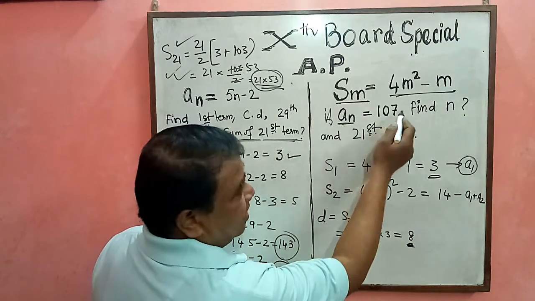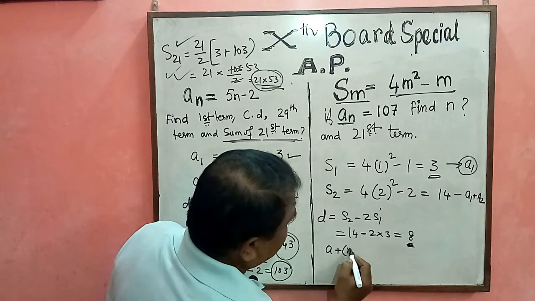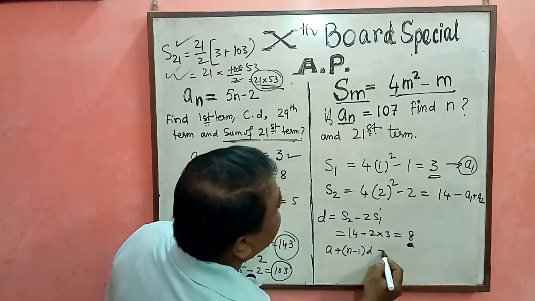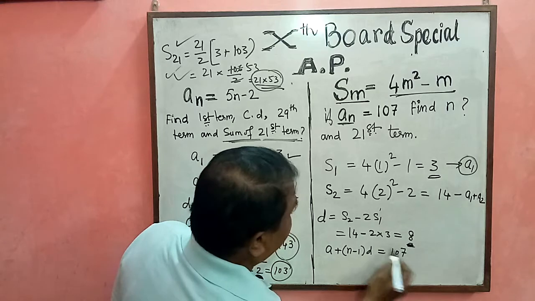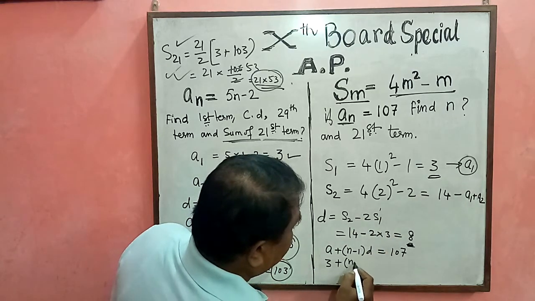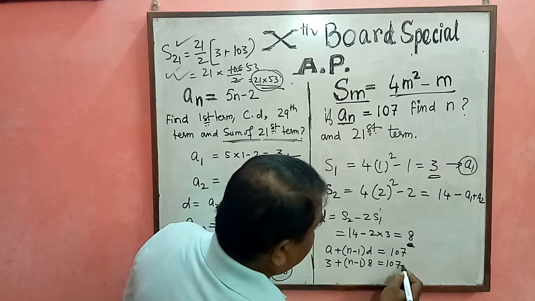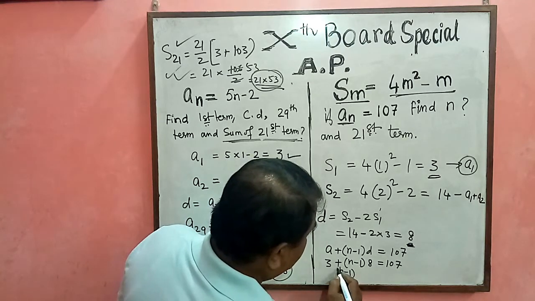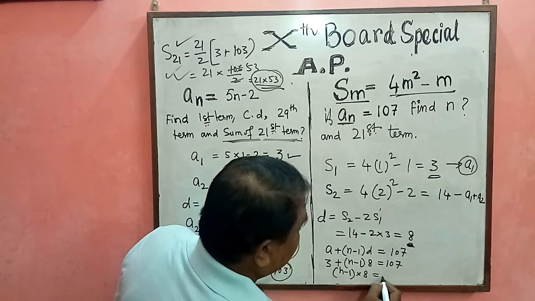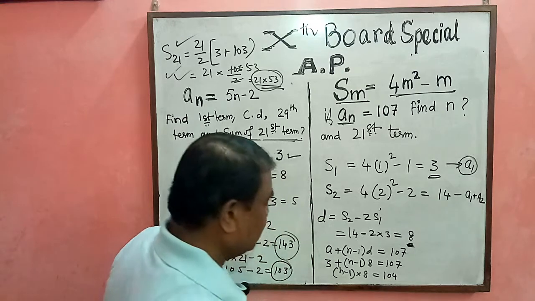n is given. So we will write the identity: A plus (n minus 1) into D is equal to 107. We will put A equal to 3 here, and D is 8 here. So (n minus 1) into 8 is equal to 107 minus 3, which is 104.